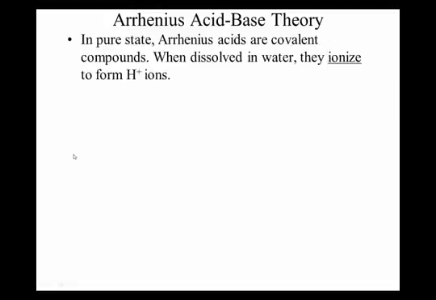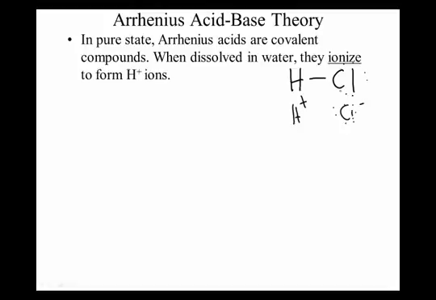So in pure state, Arrhenius acids are covalent compounds. They're not quite covalent compounds, and they're not quite ionic compounds; there's something in between. There is a covalent bond that's really, really polar, and when it dissolves in water, the bond breaks, and the chlorine gets to keep all the electrons as though it were an ionic compound dissociating.